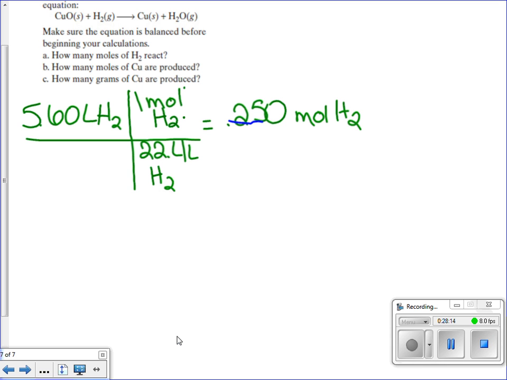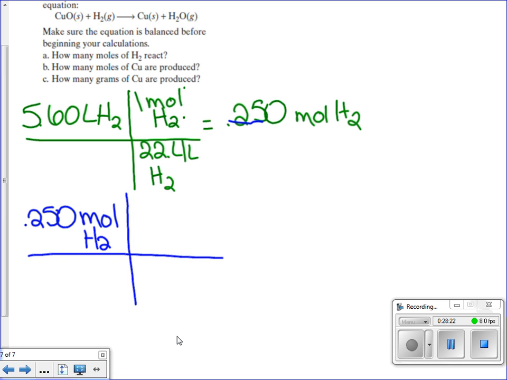So for B, we're going to start with our 0.250 moles of H2, and it wants to know how many moles of Cu are produced. So since we have moles of H2, the next step is a mole ratio. For every 1 mole of H2, we have 1 mole of copper.